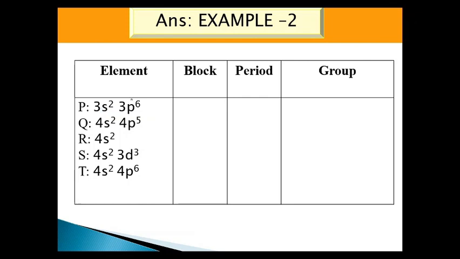For P, it would have P block. The period, the highest n, would be 3. And the group would be 6 plus 2 plus 10, because we are dealing with P orbital. So the group for P is group 18, so P must be a noble gas.